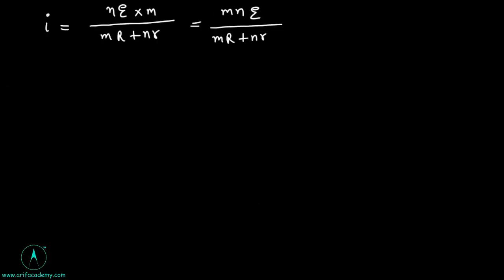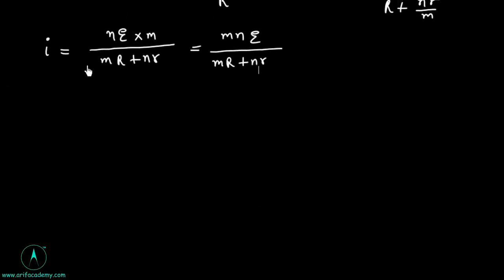Now we are going to explore the condition when this current will be maximum. For this, the denominator has to be minimum. We are going to explore the condition in which this term will attain its minimum value.